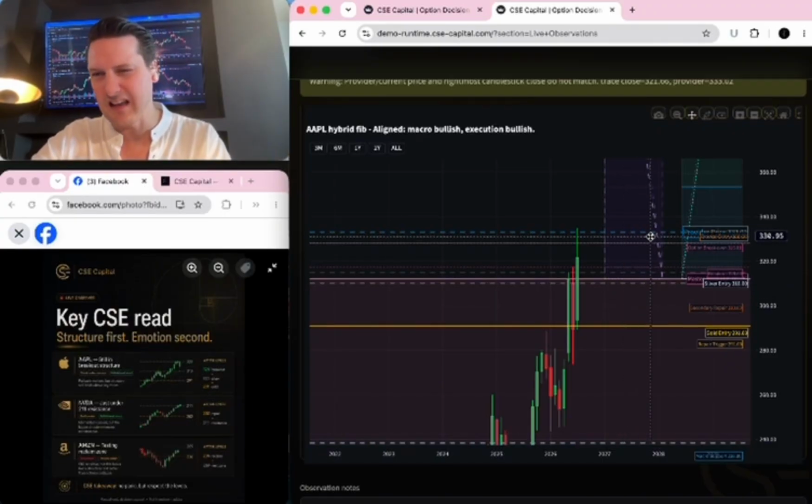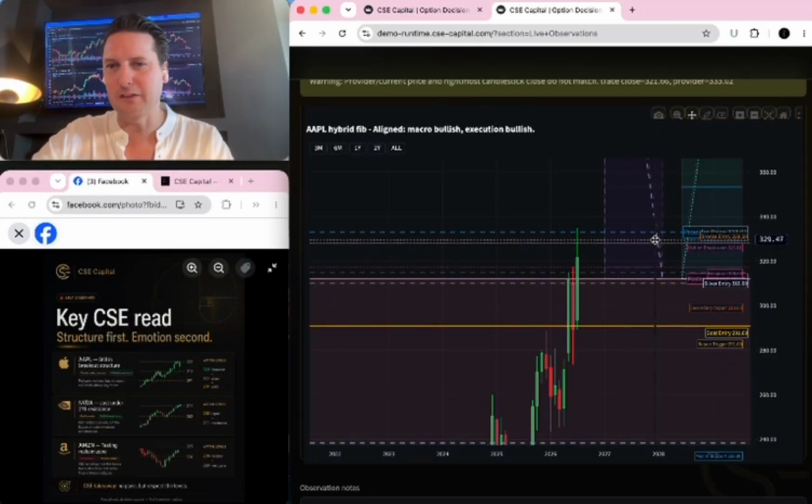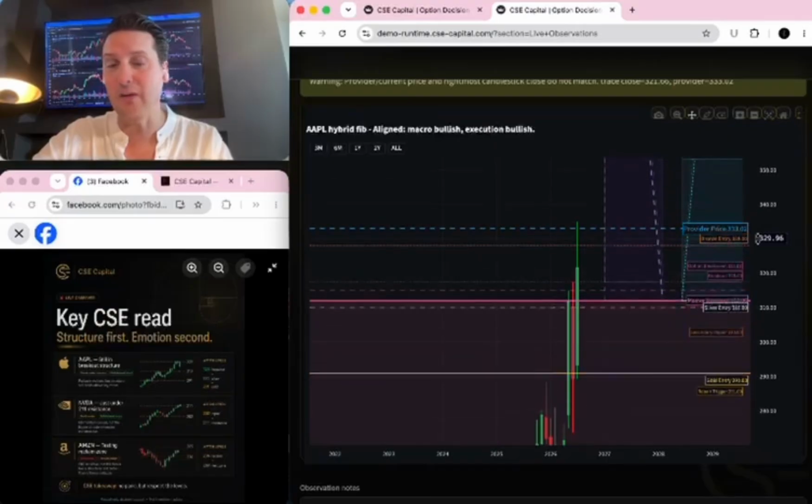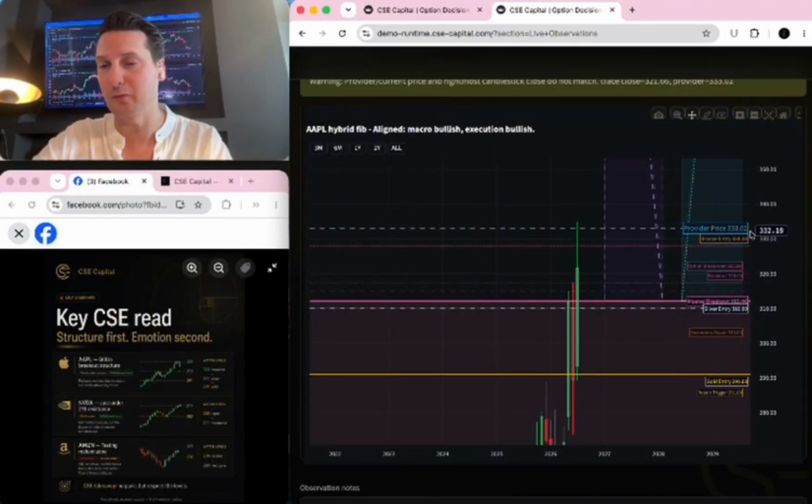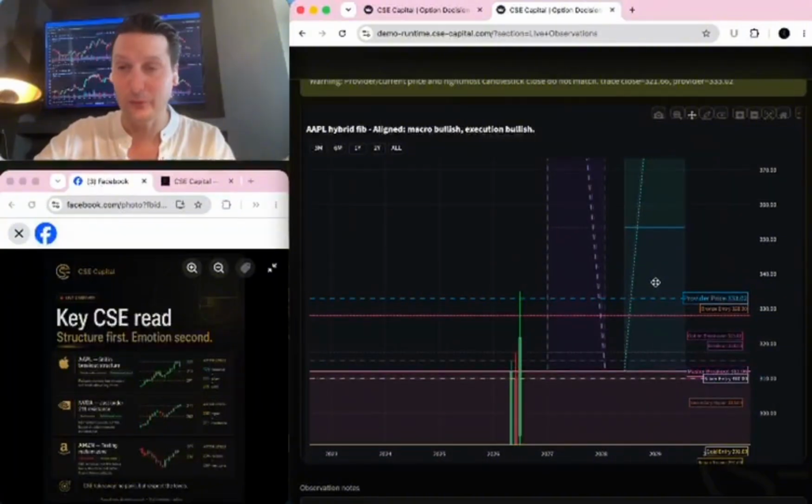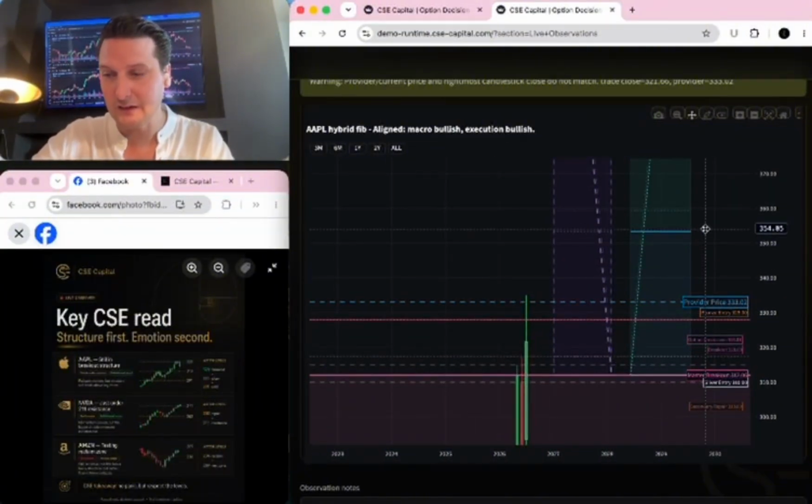Bronze entries, I would not recommend. But when you have an A+ setup, when you are really sure, when the outlook is really, really good, you can still enter with a bronze entry. Like now, at this moment, we are just above the bronze. And so what I think is that Apple will grow to 353.